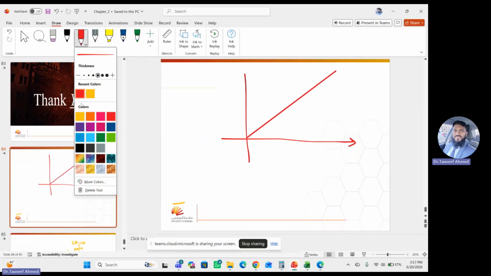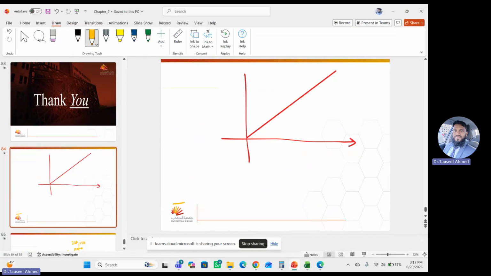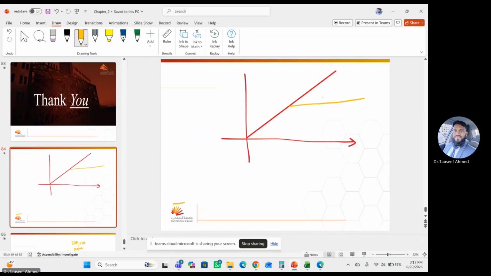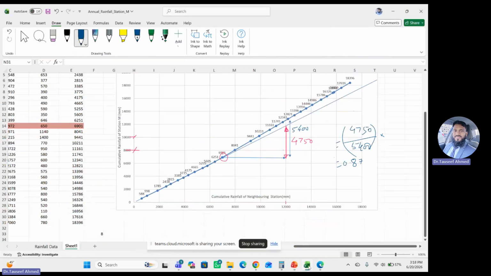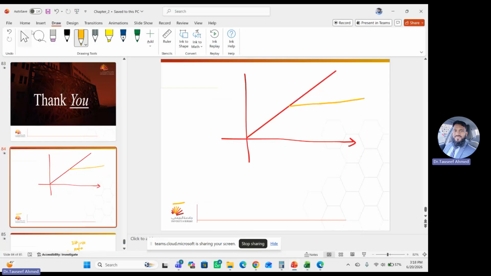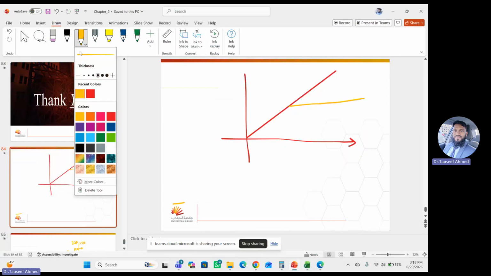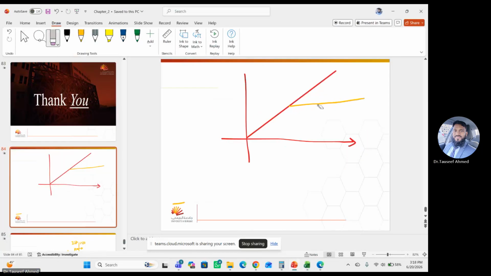But what happened? Our graph is tilted from somewhere here, up or down. This is up. Our graph is tilted from somewhere up. So here what we are doing, we are taking from this point to this point one vertical line. This is our delta x.